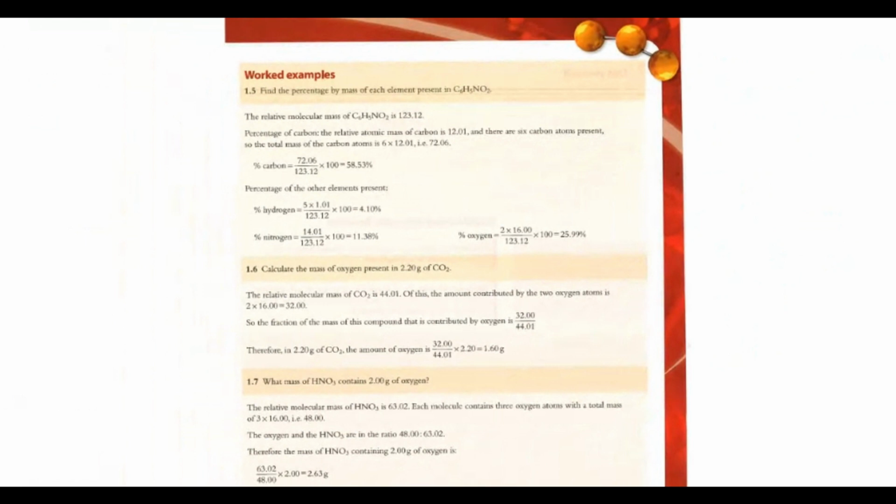So it says find the percentage by mass of each element present in C6H5NO2. Okay, and we've been given the relative molecular mass to be 123.12. So percentage by mass of each of the contents for C6H5NO2.